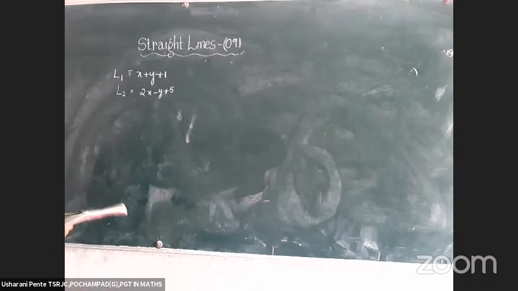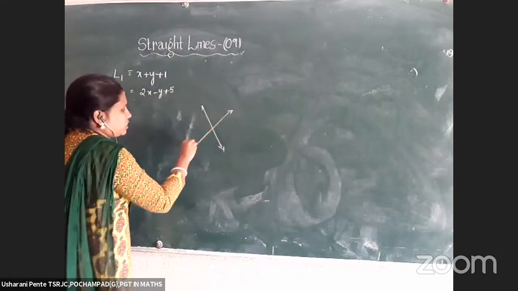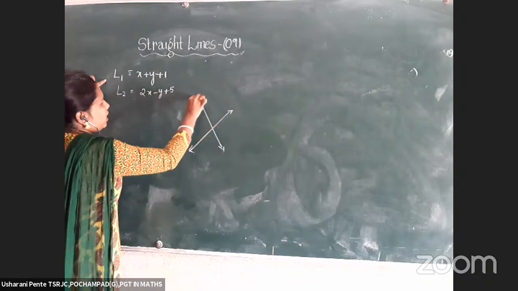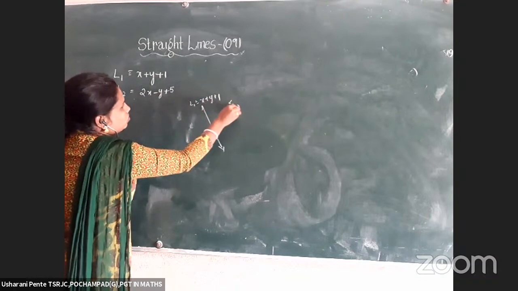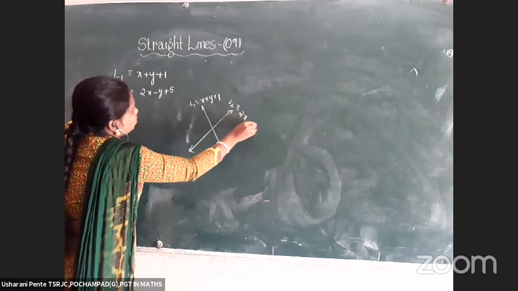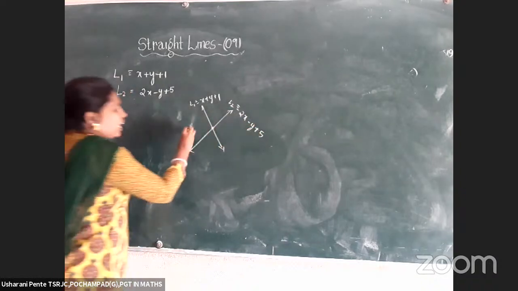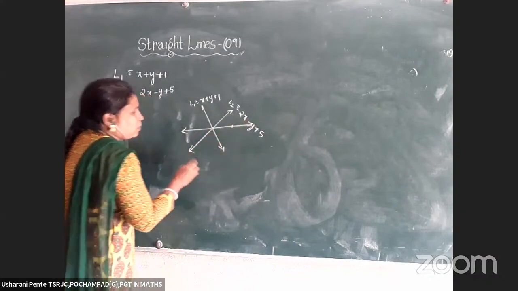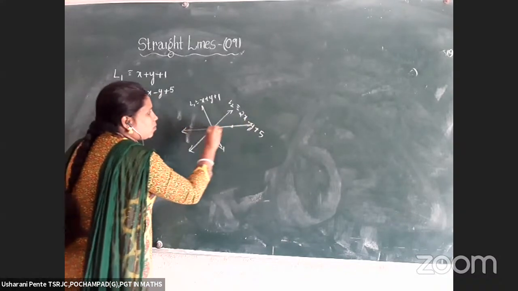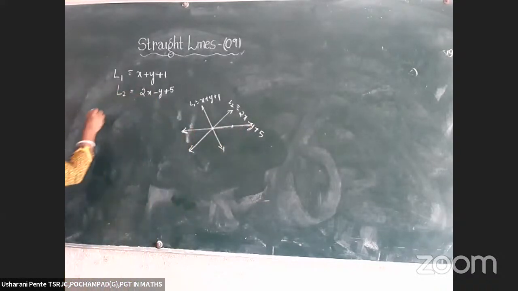We have already discussed that if there are two lines, here they have given line 1, x plus y plus 1, and line 2, 2x minus y plus 5. This is the point of intersection, and the other line is passing through this point of intersection. If a line is passing through the point of intersection of these two lines, then the line will be of this form.